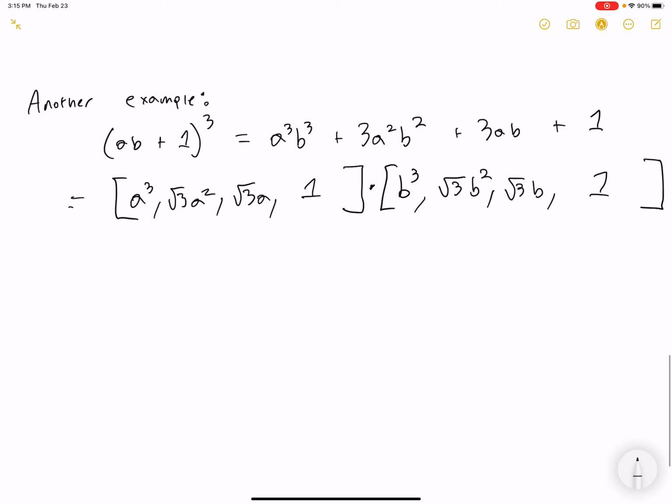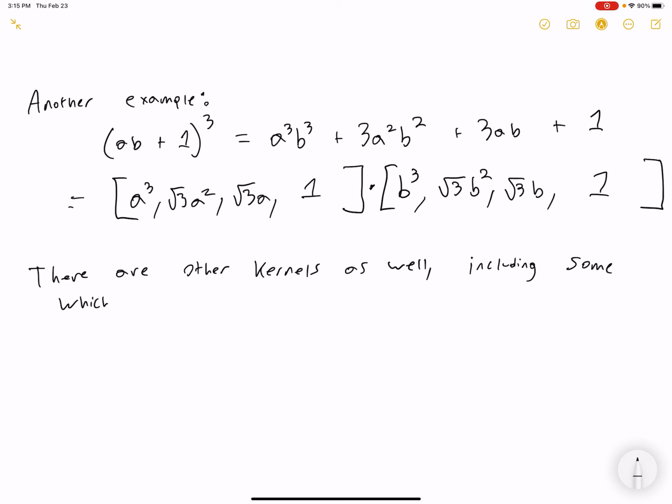So the last notes on SVMs, two last notes. There are other kernels as well, and just a cool note, including some which project data into infinite dimensional space, which is kind of cool to think about.